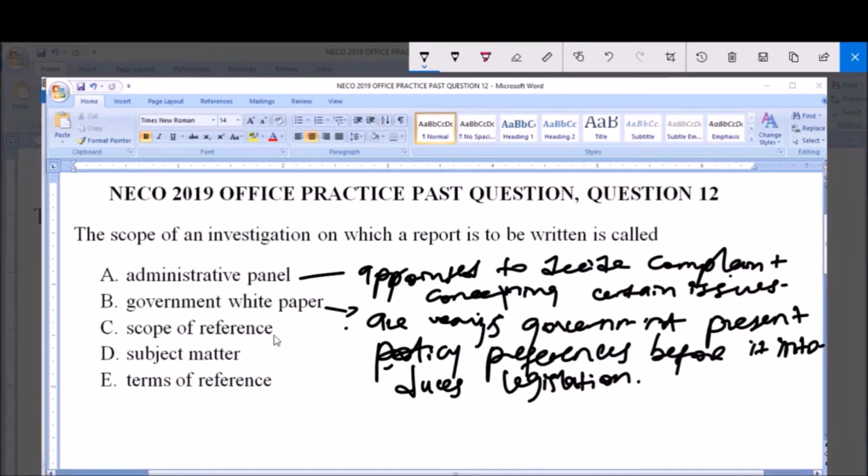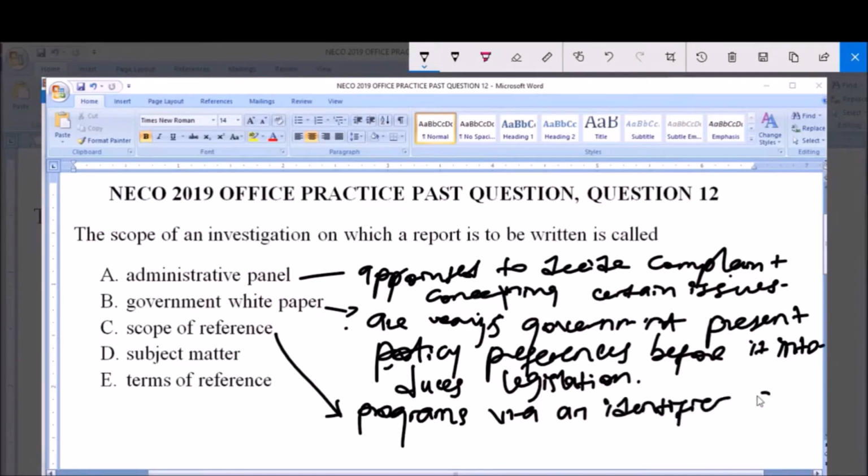Now see here says scope of reference. Scope of reference refers to the program blocks in which an identifier can be referenced. It simply refers to the programs through which an identifier can be referenced.